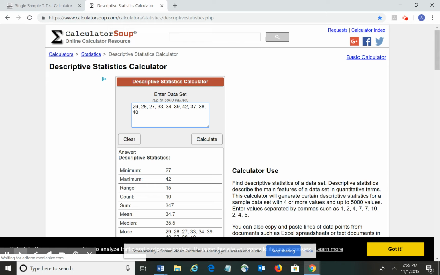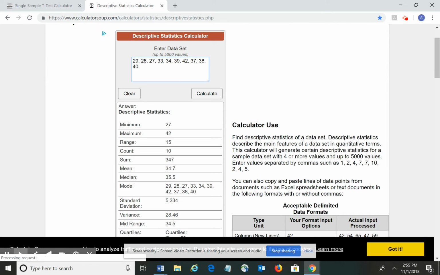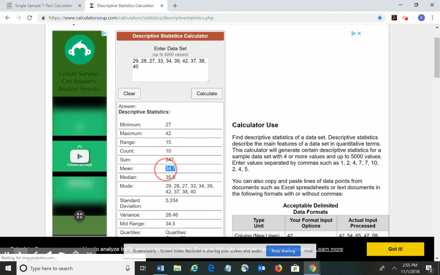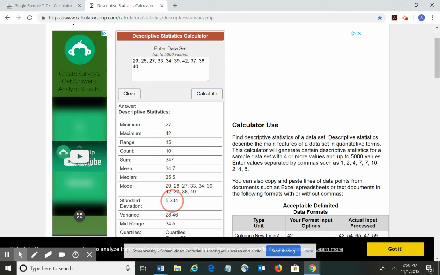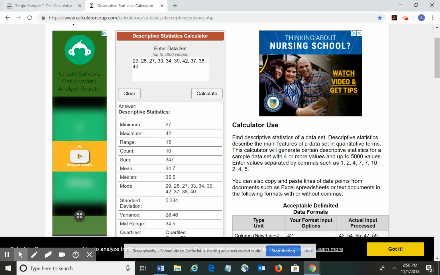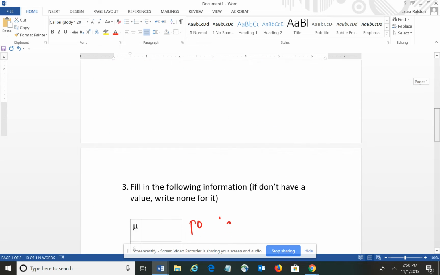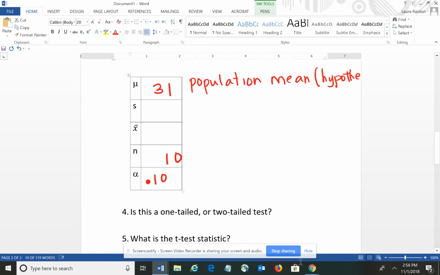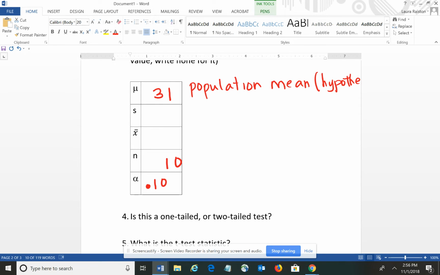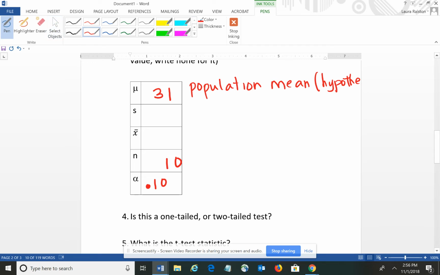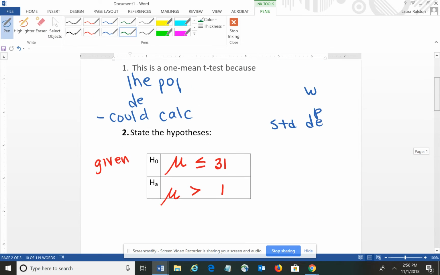So when I put it into Calculator Soup, it tells me that the mean is 34.7 and the standard deviation is 5.334. So I can fill that in on my chart. So my mean is 34.7 and the standard deviation is 5.334.